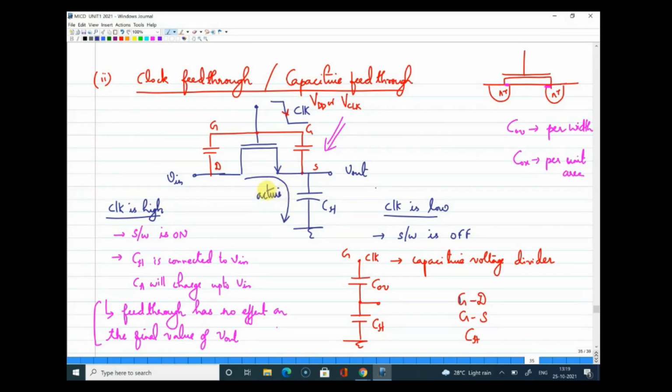Whatever charging happens, since your input and output are shorted together, your capacitor will be charging to the final value. So why I said there is no effect on the final value is because even though a small delta V comes from the clock feedthrough while your clock is high, since your CH is connected to the input voltage, it will keep on charging and reach that value. But when it turns off, what comes is an additional delta V. That is what I meant by saying that the feedthrough has no effect on the final value.